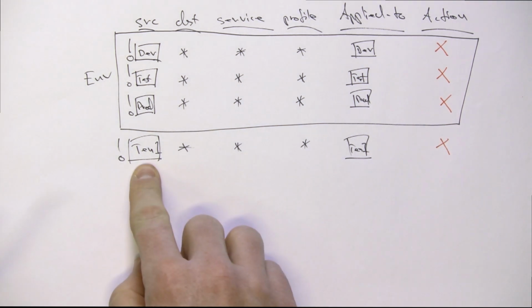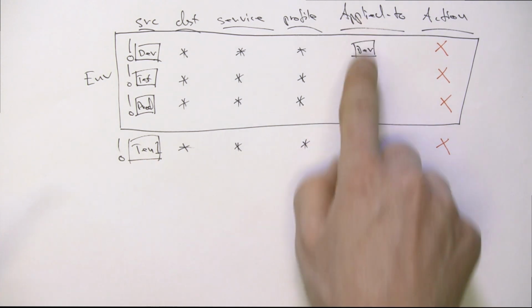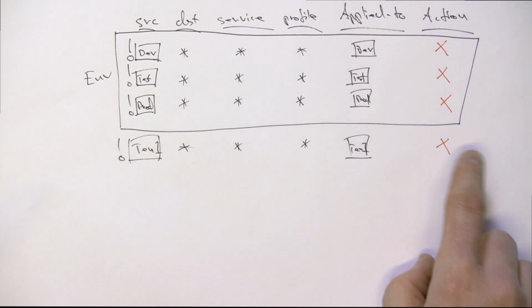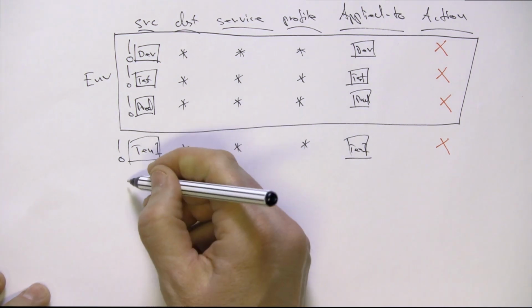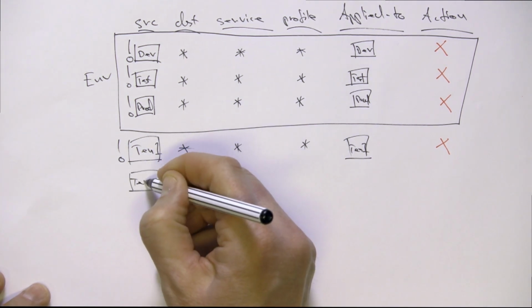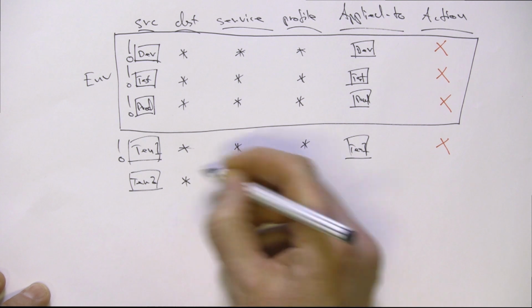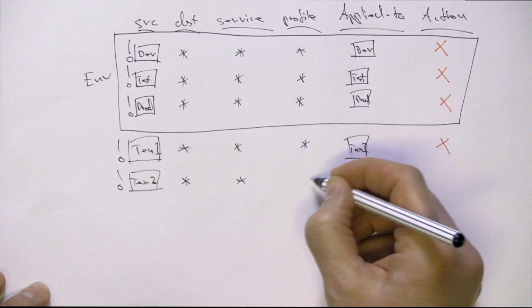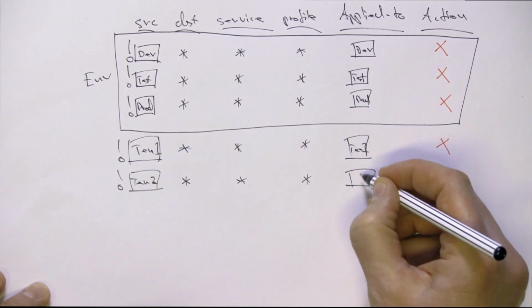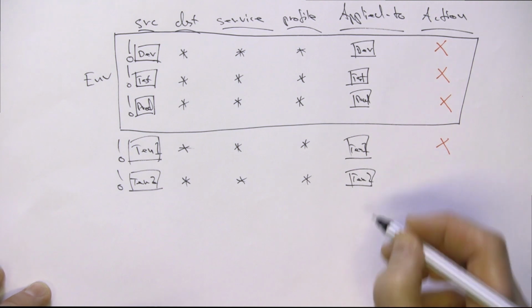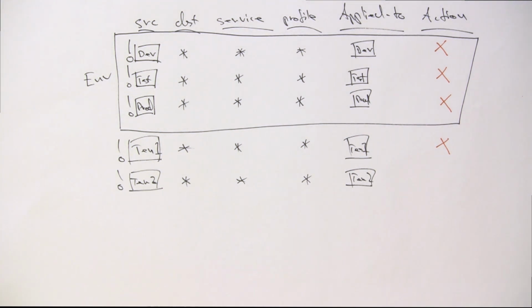If you're not tenant number 1 trying to do something towards tenant number 1, then I block you. And as you understand, I can have any number of tenants doing the same thing, and as time goes, I can add tenants without anything changing.